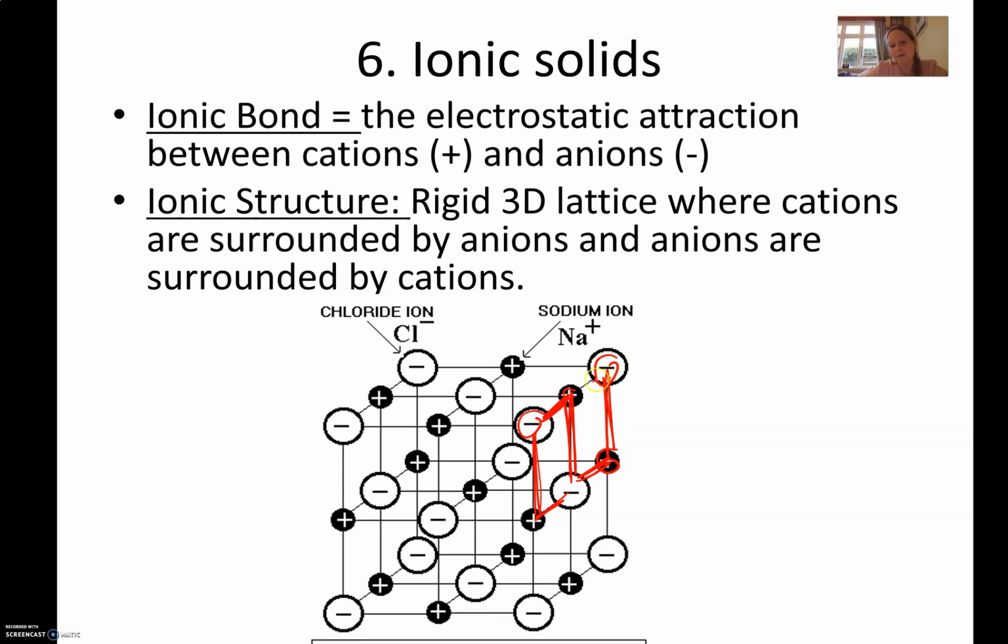What's quite significant here is these are actually directional bonds compared to before, and what that means is that this anion is fixed to this cation and this cation, and they're locked in that position, and that's what rigid is referring to. Those ions are locked in their place, surrounded by oppositely charged ions.